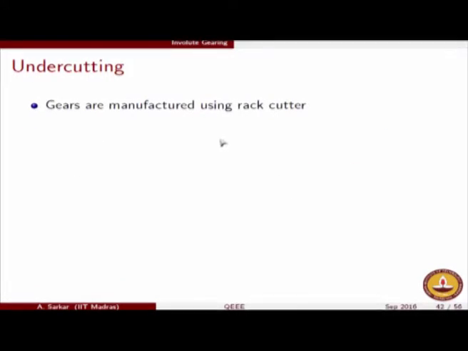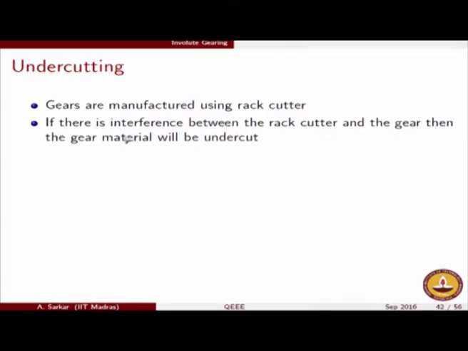So let us go through this slide just once carefully. Undercutting happens when gears are manufactured using a rack cutter. If there is interference between the rack cutter and the gear, then the gear material will be undercut. That simply means the engagement conditions between the tooth profile of the rack and the tooth profile of the gear are not the correct ones.